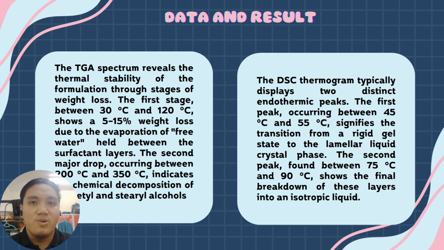The DSC thermogram displays two distinct endothermic peaks. First, between 45 and 55 degrees signifies the transition from a rigid gel to a lamellar liquid crystal phase. The second peak, between 75 and 90 degrees, shows the final breakdown into an isotropic liquid.